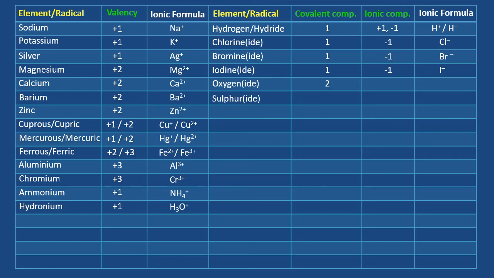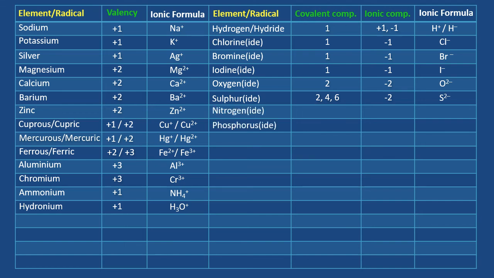Oxygen forms 2 covalent bonds, whereas sulfur shows variable valencies, that is, it can form 2, 4, or 6 covalent bonds with other atoms. In ionic compounds, both show valency of -2, and are called oxide and sulfide ions respectively.